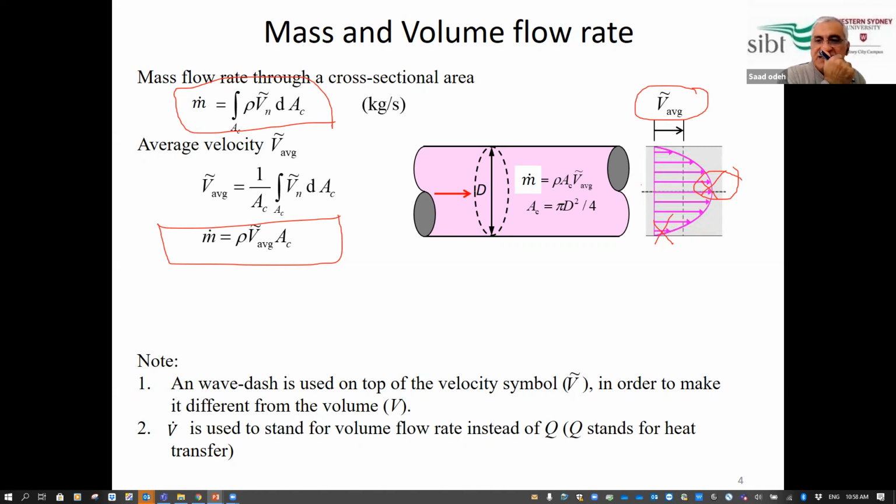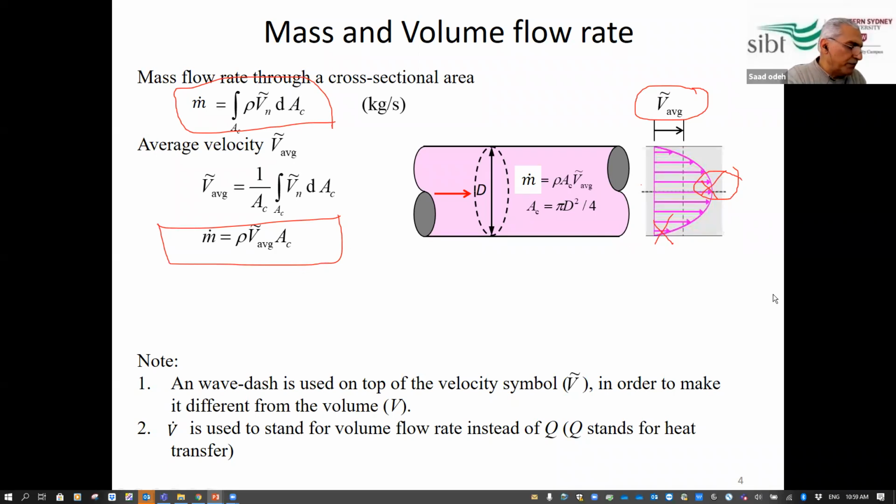So what's Ac? May I ask you here? Can someone tell me in this example, what do you mean by Ac? Area, sir? Cross-sectional area. Correct.